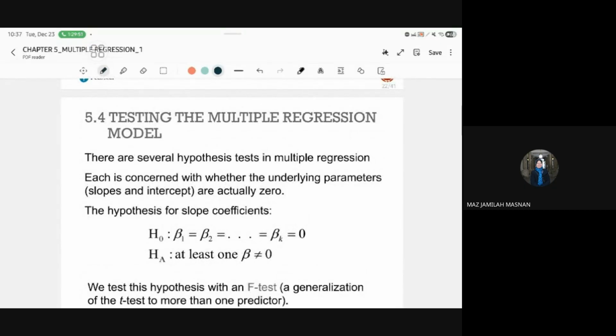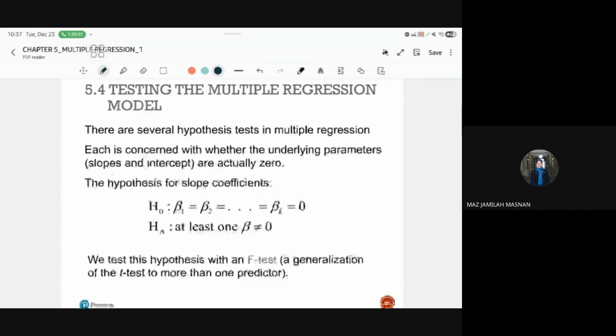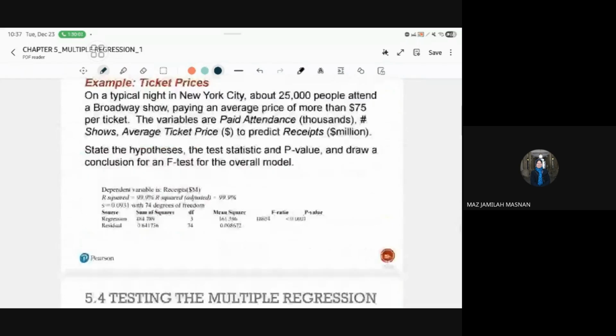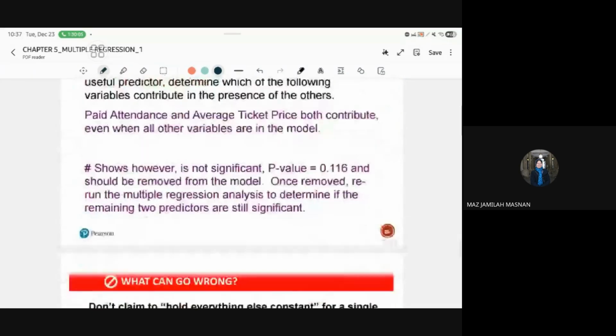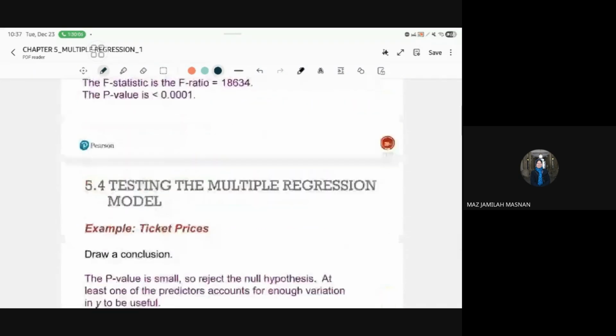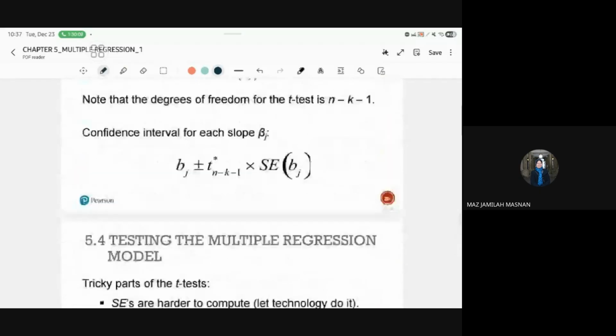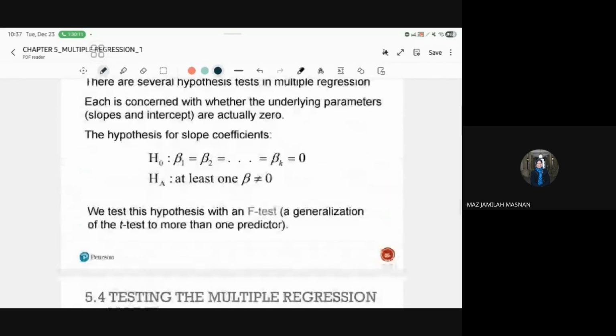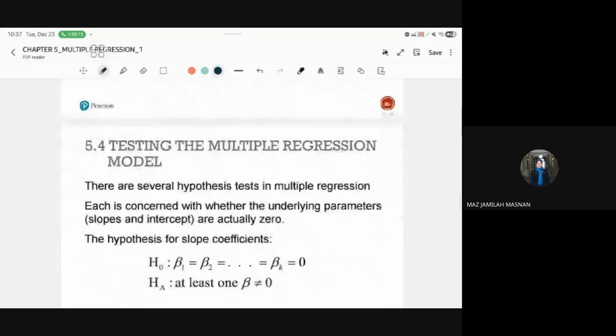Last but not least, on how we can do the testing of the multiple regression model. I think that one will be halfway through the whole slide deck that we have for multiple regression. There will be a few more slides that I need to explain based on this particular model.